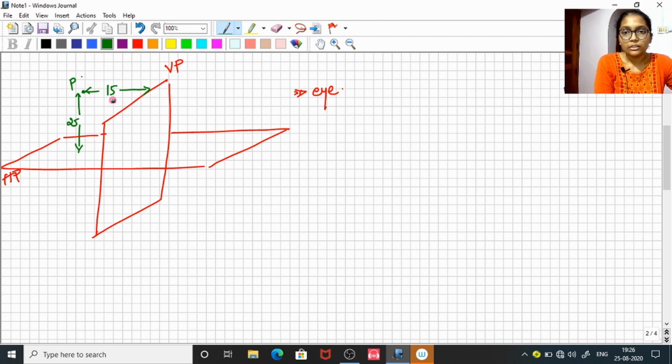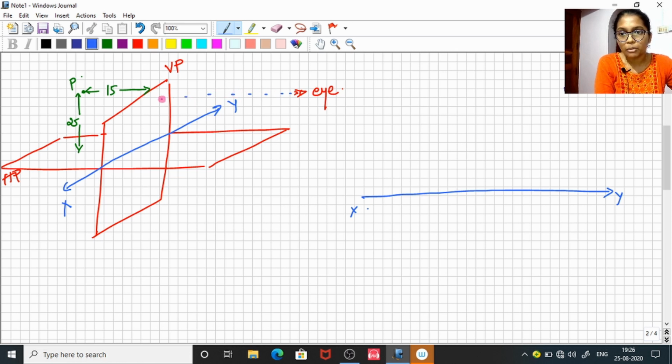Okay, so now let us draw for the orthographic projection. So let us mark our XY first. We begin drawing with XY. Okay, XY is the reference line always. So this is your reference line XY. And what about the line of sight? The observer is looking at point P through this vertical plane, isn't it?